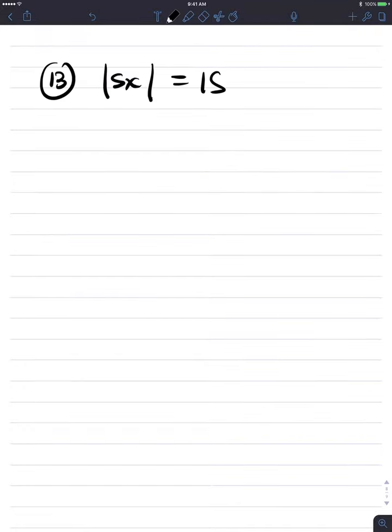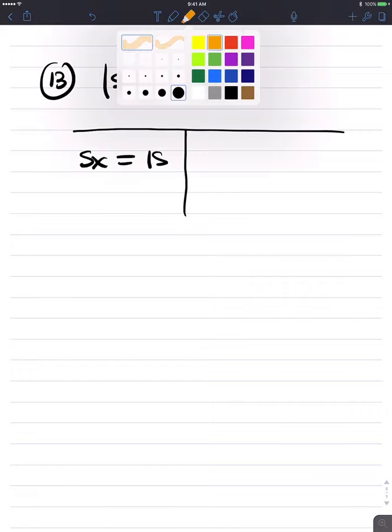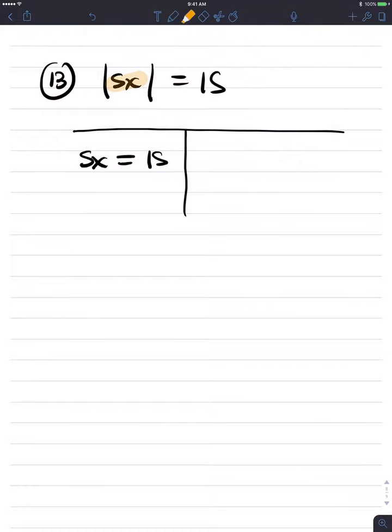Number 13. The absolute value of 5x equals positive 15. The number is positive, so we can use our format and say that in one case the 5x is positive 15. Notice this. This 5x in one case is positive 15, and in the other case you can say or 5x is opposite or negative 15.